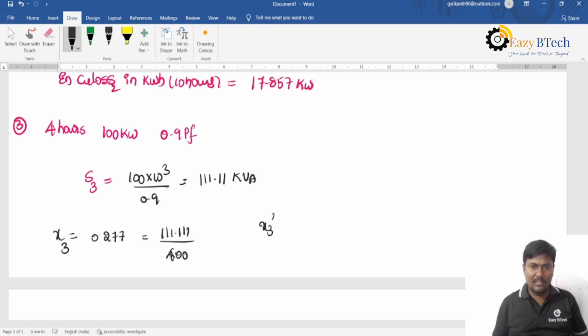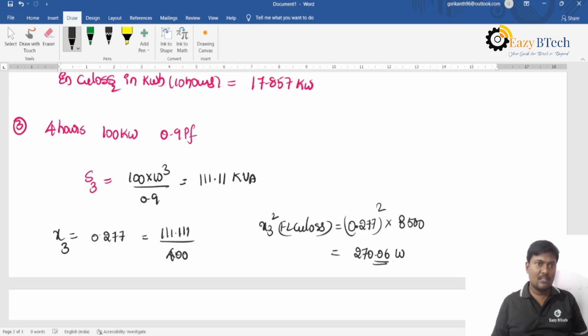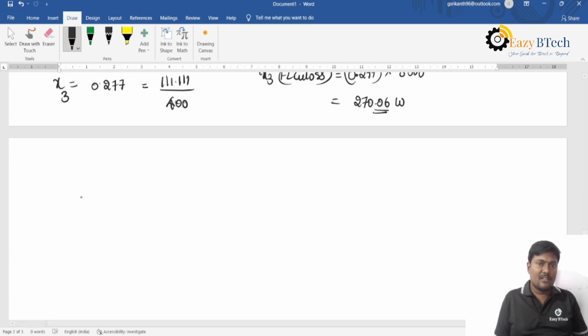So x3 square into full load copper losses, which is 3500. 0.277 whole square into 3500, that should be equal to 270.06 watts, and this can be used for 4 hours.